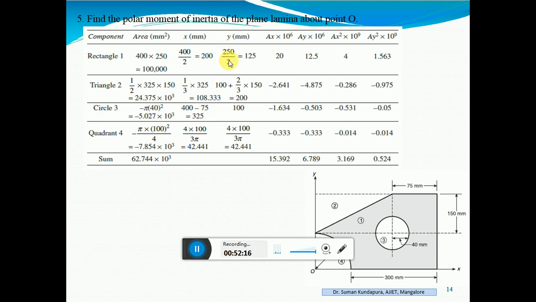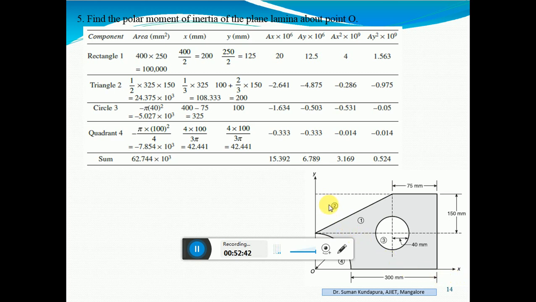Next, coming to the y distances, the y distances from the OX axis for each of the figures. For the rectangle, the total is 250, so 250 divided by 2 is 125 with respect to OX. Next, the second figure is the triangle.